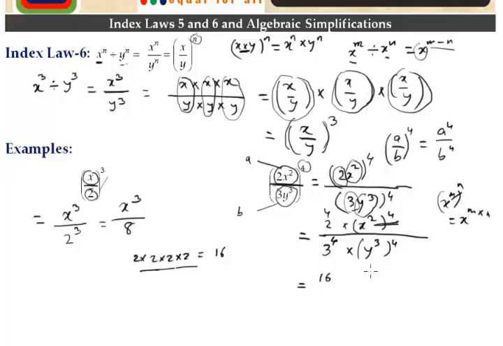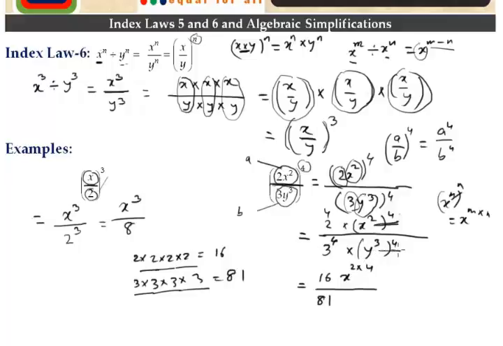So x to the power 2 to the power 4 will give us x to the power 2 times 4. Similarly, 3 to the power 4 means 3 times 3 times 3 times 3. 3 times 3 is 9, 9 times 3 is 27, 27 times 3 is 81. So we will get 81.